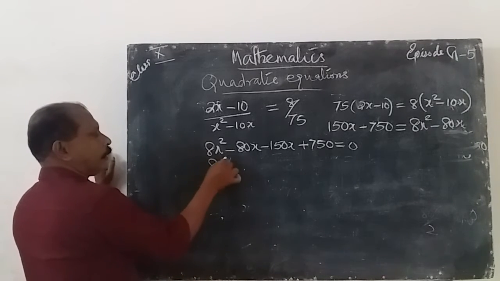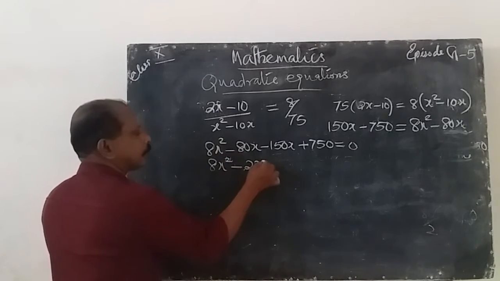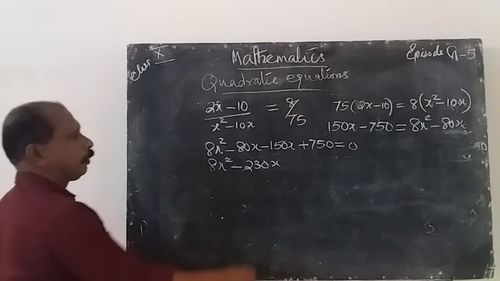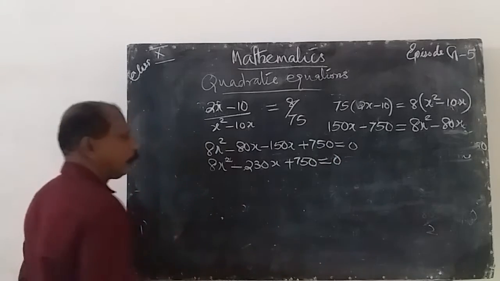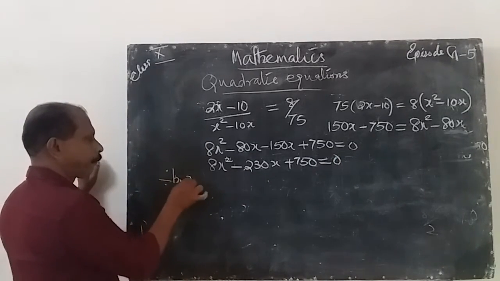That is 8x square minus 230x plus 750 is equal to 0. 2 is the common factor, therefore divided by 2.